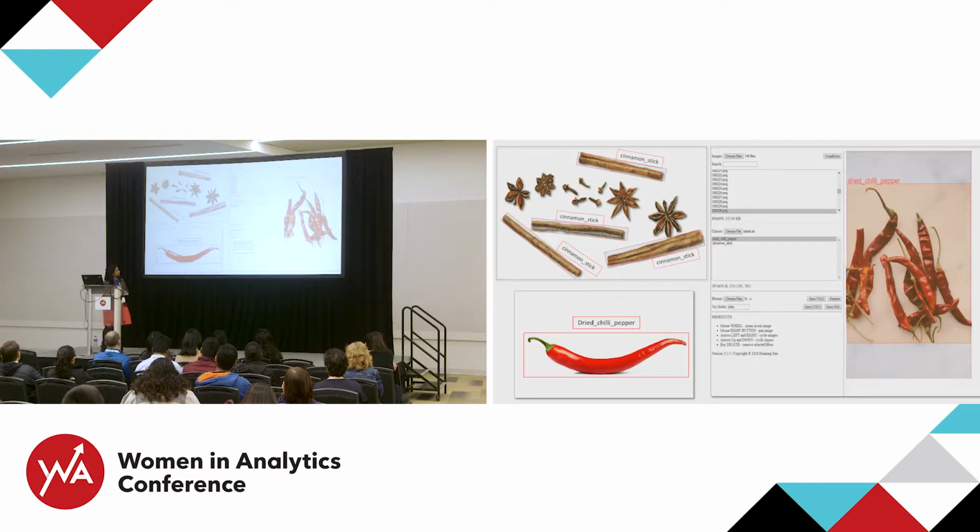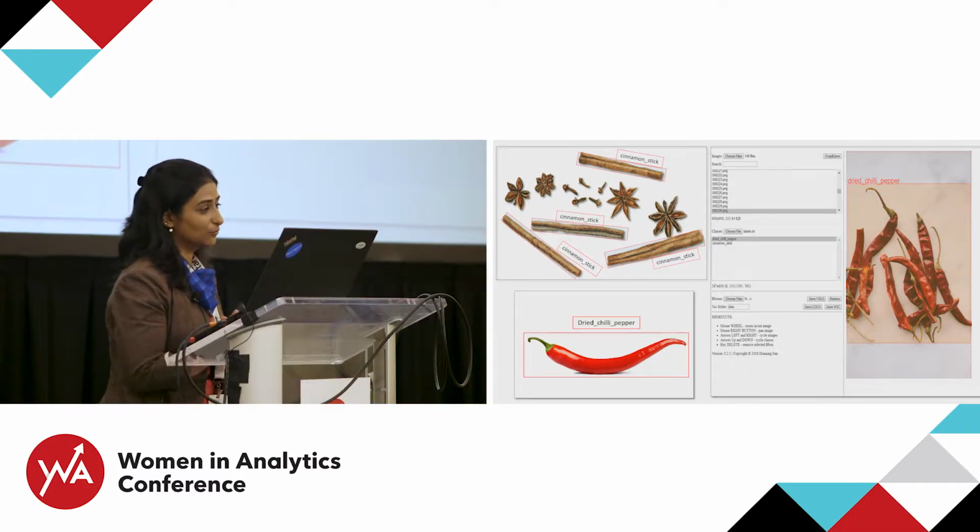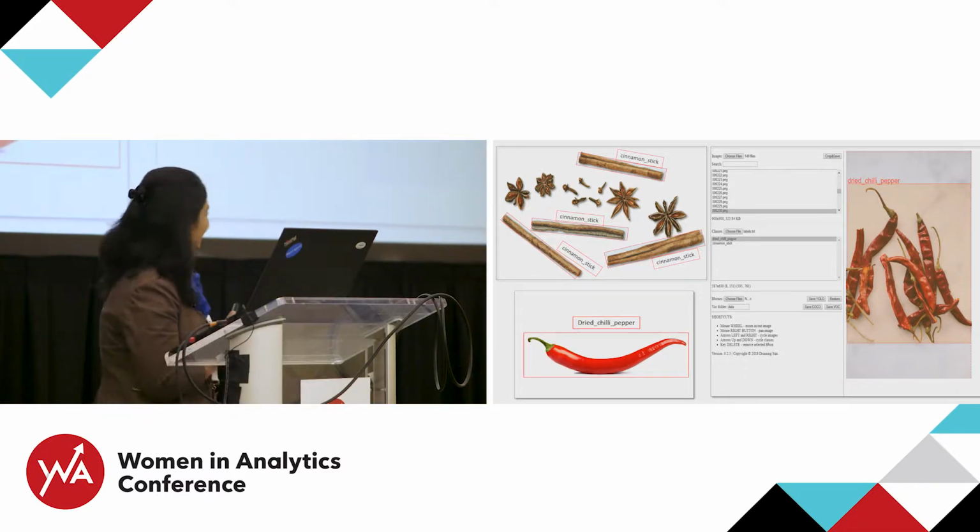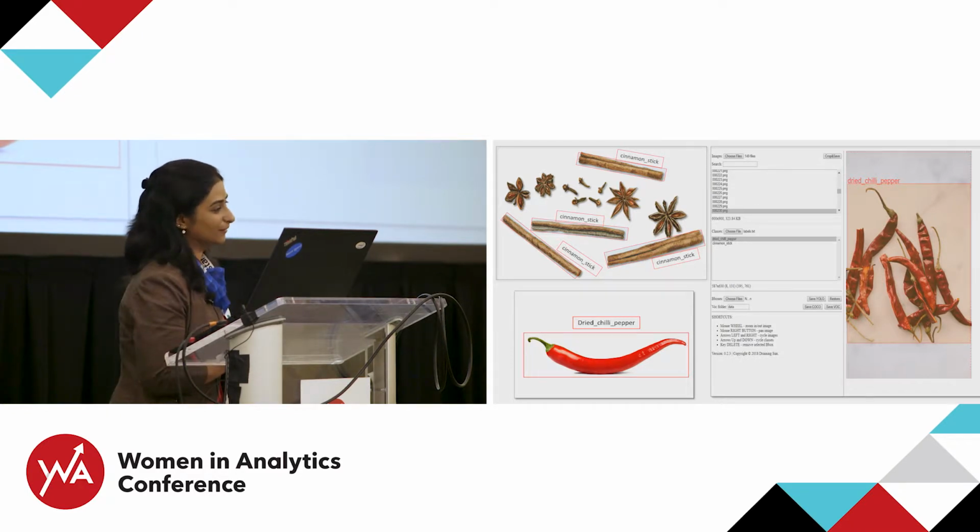As you can see here, on the left side are the images I had labeled, cinnamon sticks and dried chili peppers with their labels. And on the right side is the tool that I used. The tool is called Boop's Python package. I know the name sounds funny. Please don't get offended, but that is the name of the Python package.